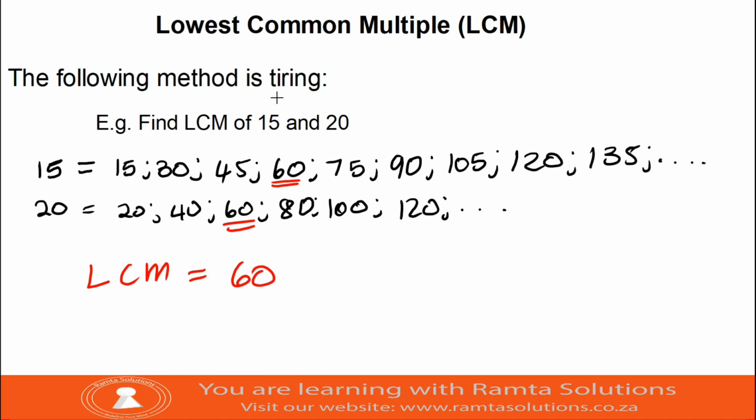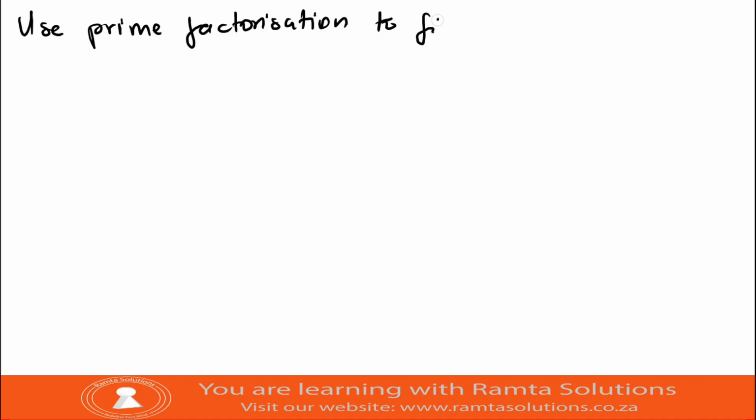So, I said, this method is tiring. So, we must find a better method. Now, let's get to it. So, we're going to use prime factorization to find the lowest common multiple for number 1, 15 and 20.